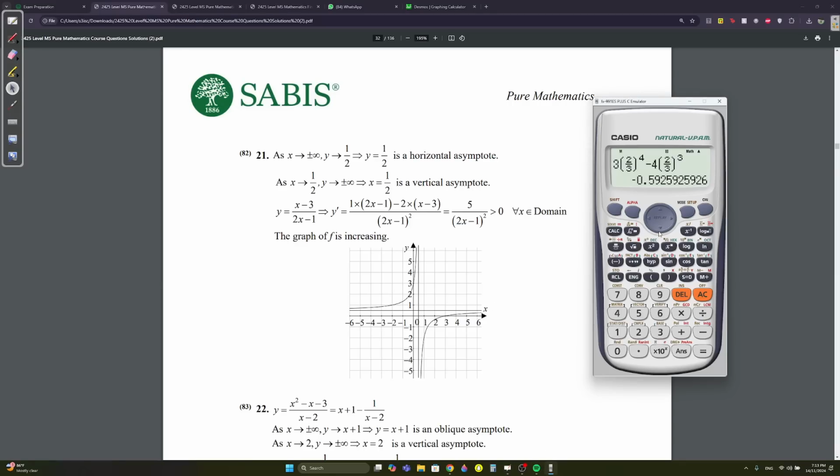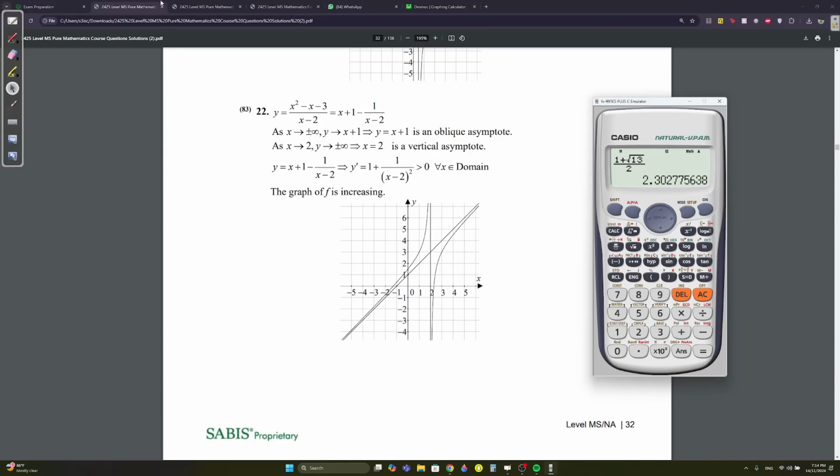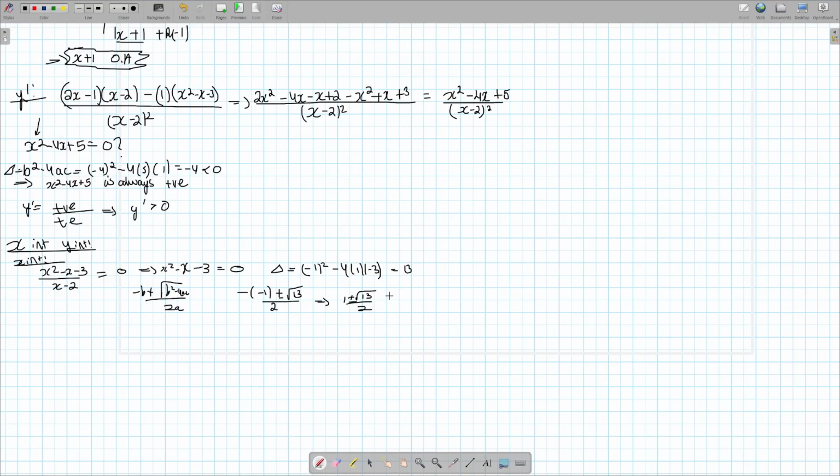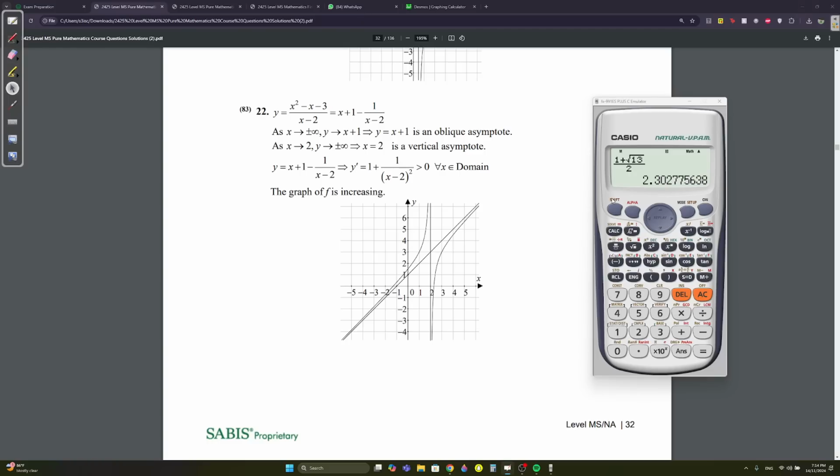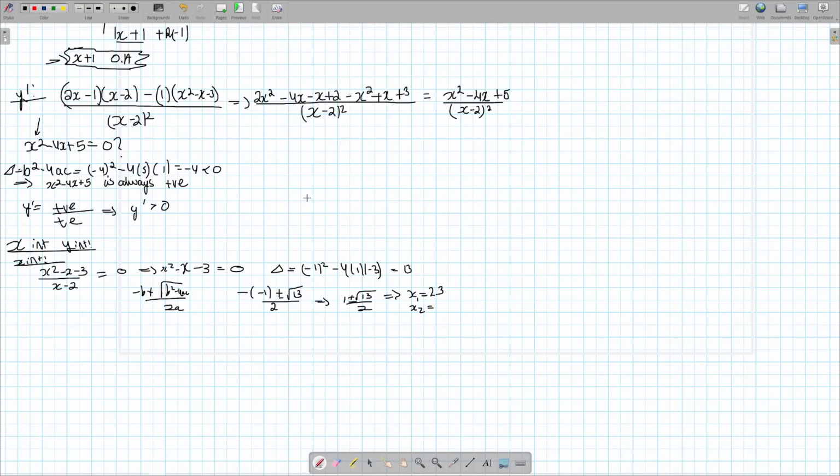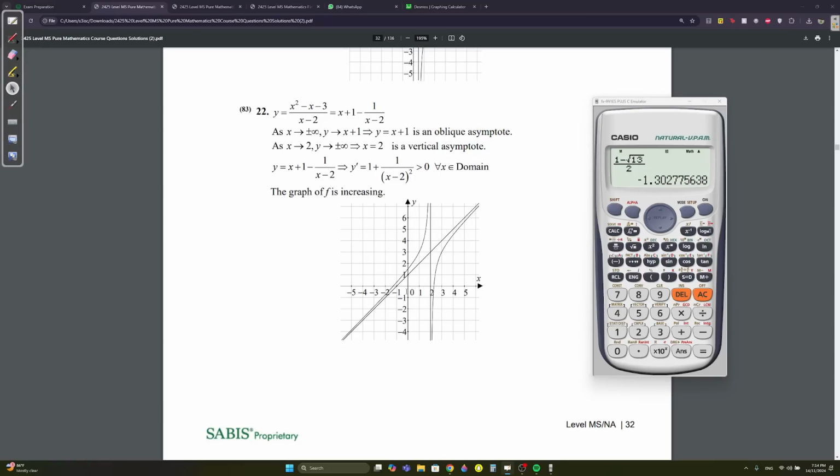On the calculator, 1 plus root 13 over 2, you get 2.3, and the second one is minus 1.3.